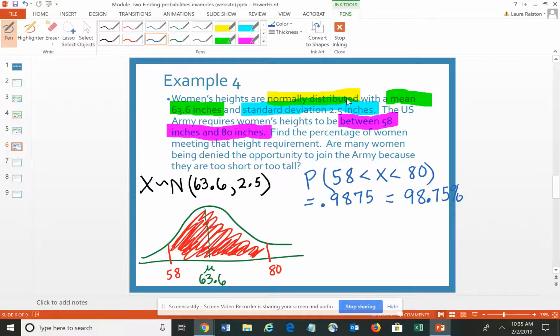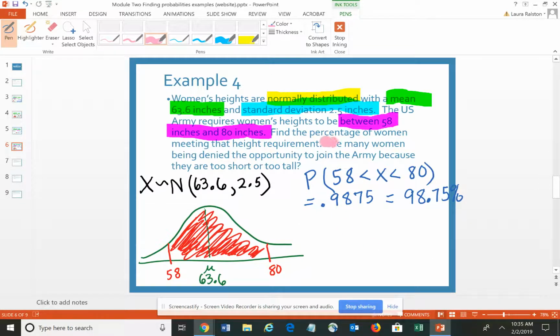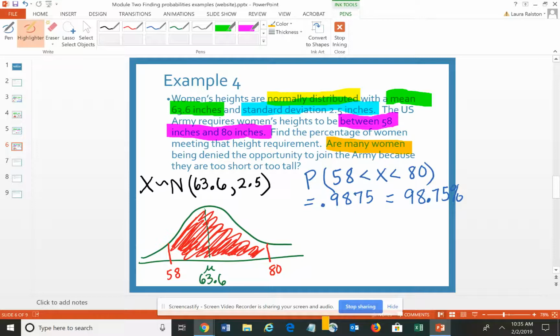So then we answer this last question, they ask us a little sub question here, and it says, are many women being denied the opportunity to join the Army because they're too tall or too short?